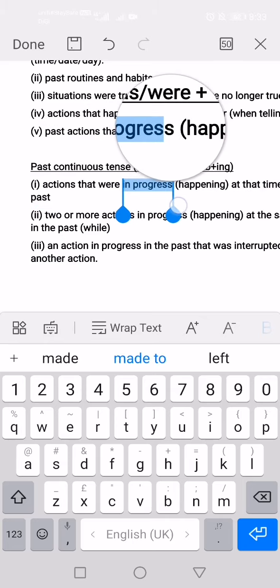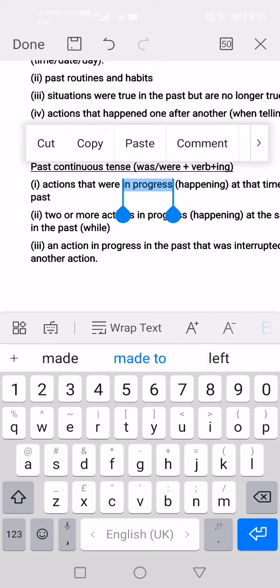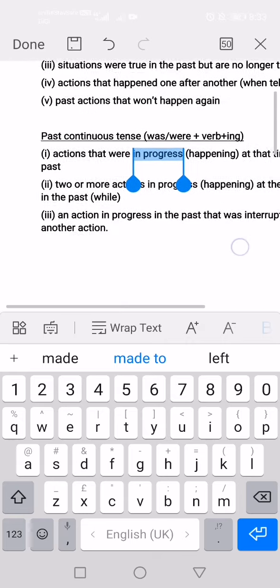So when you are describing something in the past, and that action was happening in the past, 正在发生, tengah berlaku, pada ketika itu, you have to add ing.